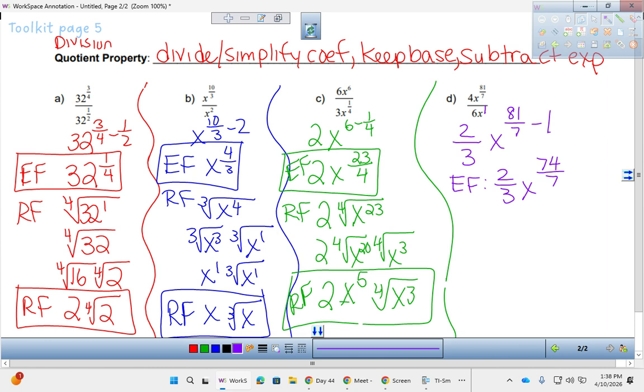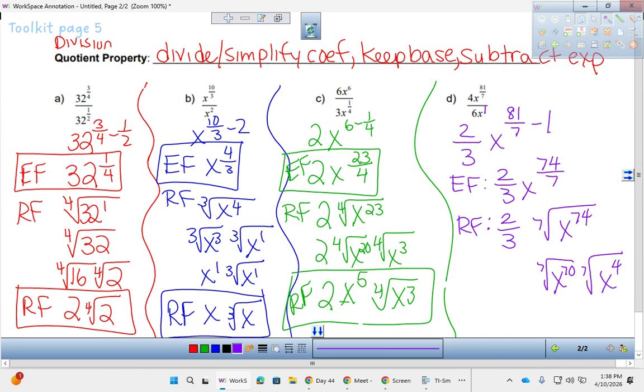So even though I have a fraction here, it's just a coefficient fraction. This is the one that makes the root. So this 2/3 is just going to stay at 2/3 the whole way through, all the way to my answer. This is the part that's going to become a root. What multiple of 7 should I use here? 70.